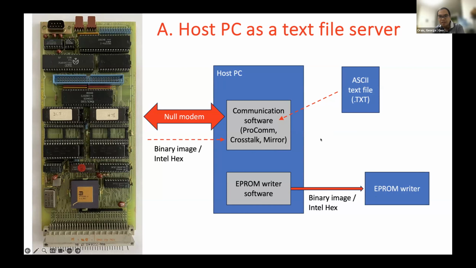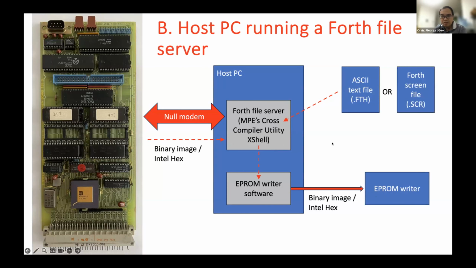We can then replace this. Another method is the host PC running a Forth file server. Same setup, but using different software, which is MPE's cross-compiler, where we can use an ASCII text file for source or a Forth screen file. This shell also communicates with the ROM writer, so it will write the ROM, and we can replace the ROMs.